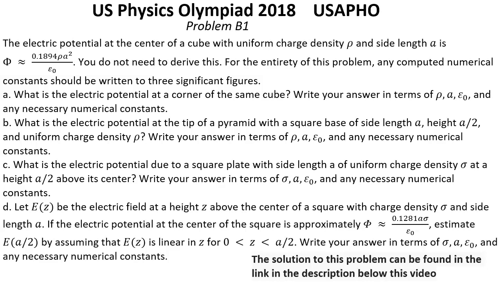Question D. Let E as a function of Z be the electric field at the height Z above the center of a square with a charge density sigma and side length A. If the electric potential at the center of the square is approximately 0.1281 A sigma over epsilon 0, estimate the potential at distance A/2 by assuming that E of Z is linear in Z for 0 less than Z less than A/2.